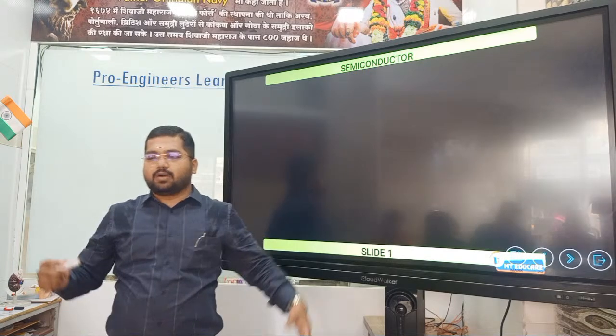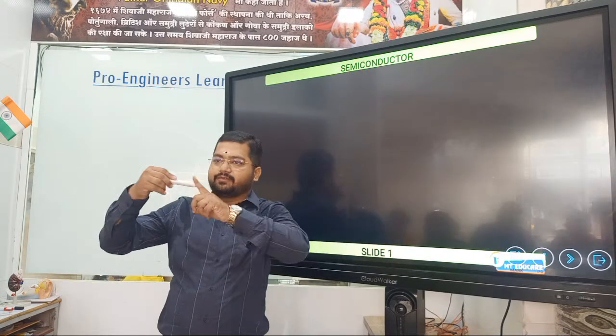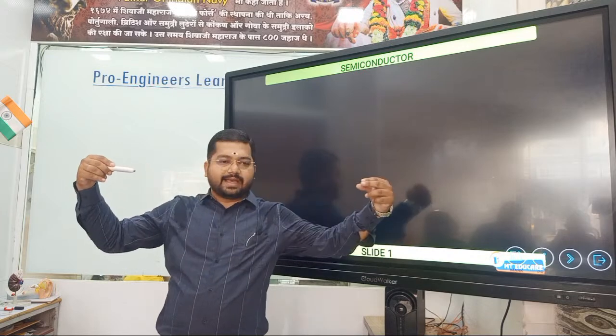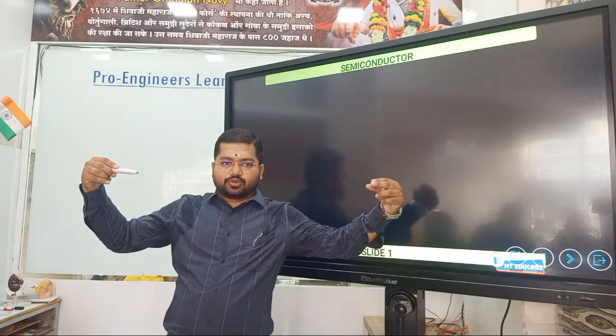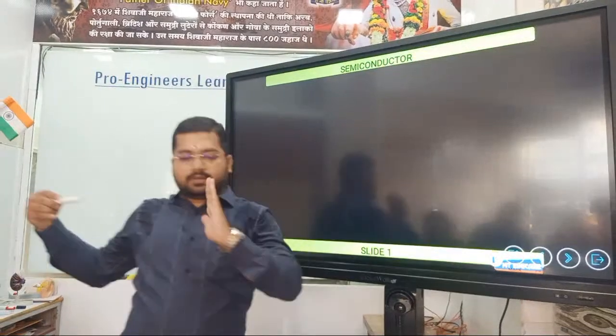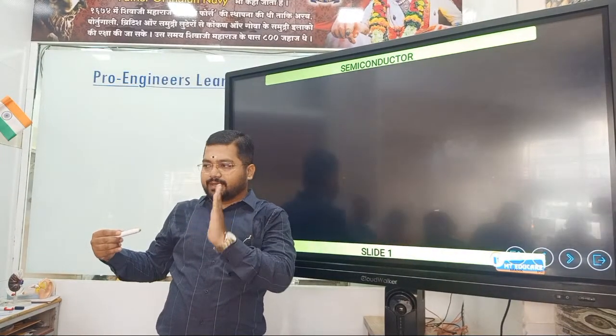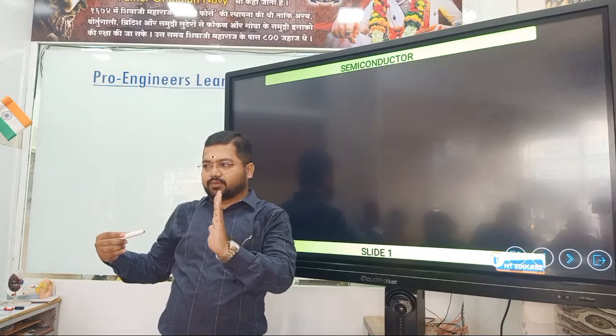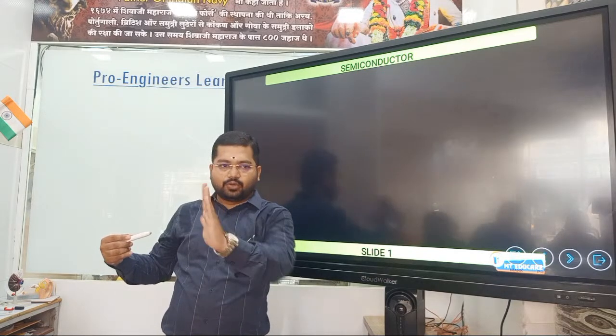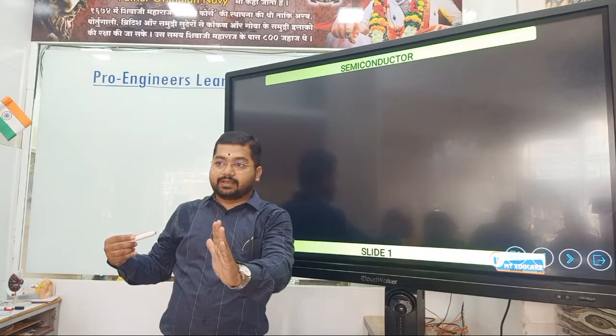How will it count? Here we have one infrared transmitter, here we have a receiver. So it will count the number of breaks in it. When we pass through that part, it will count, 1, 2, 3, 4, like that, right?